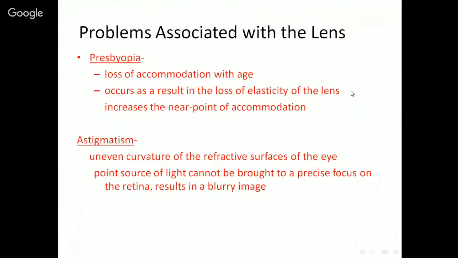So the problems with age in the lens are of two types, presbyopia and cataract. Also sometimes there is an astigmatic problem that occurs by aging because of the increasing size of the lens with age.